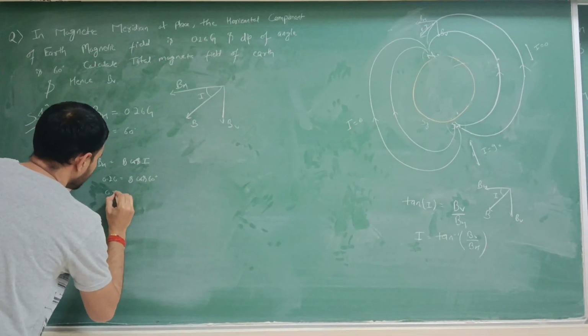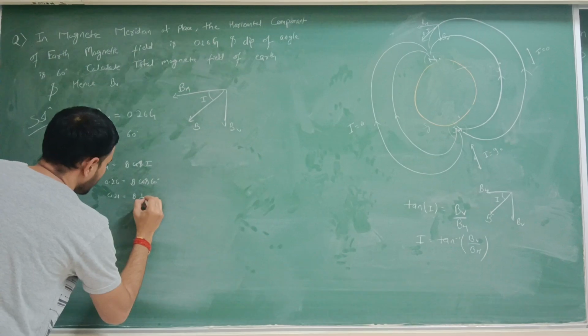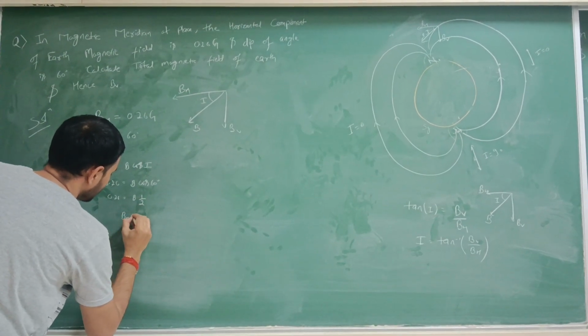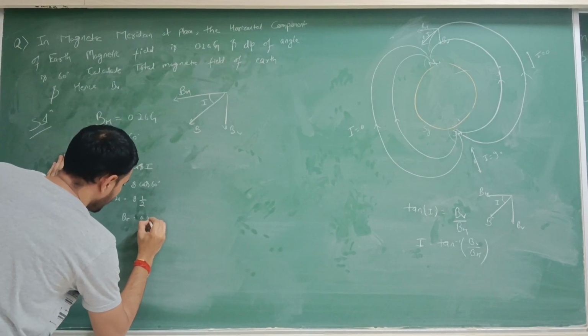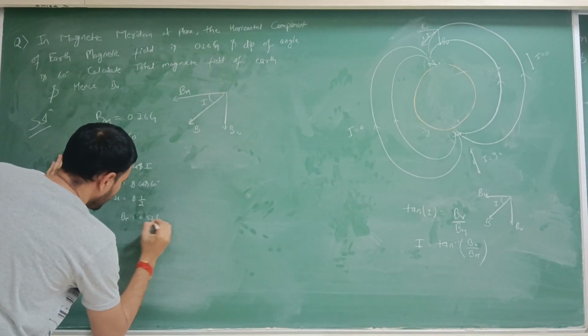That is 0.26 is equal to B times 1 by 2. That is, B total is equal to 0.52.